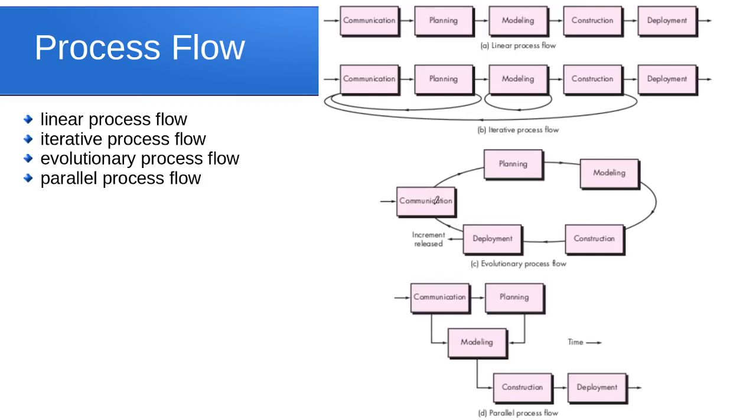For that we have started communication, planning, modeling and construction, and then this earlier existing software will include the new increments, meaning it will have some more features and functions, and this will continue until the whole software is developed.